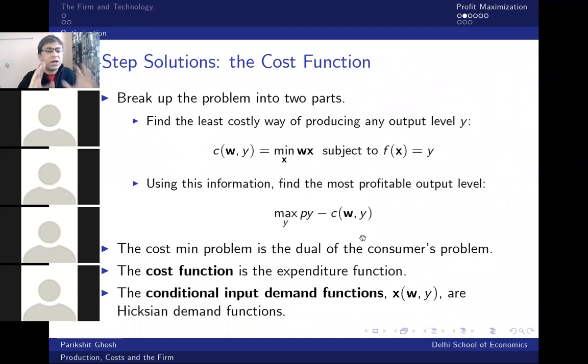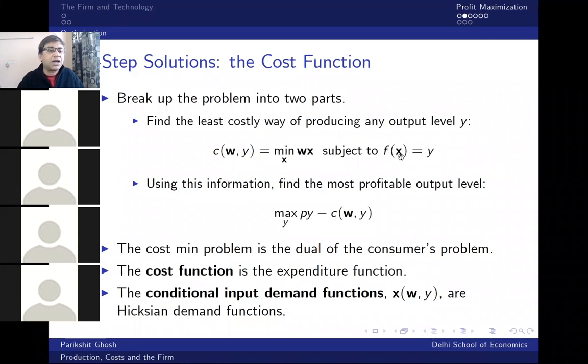Okay, since you're bringing the concept of a dual, what is the dual of the cost minimization problem? Remember what dual is, right? Dual means that we flip the objective function and the constraint function.